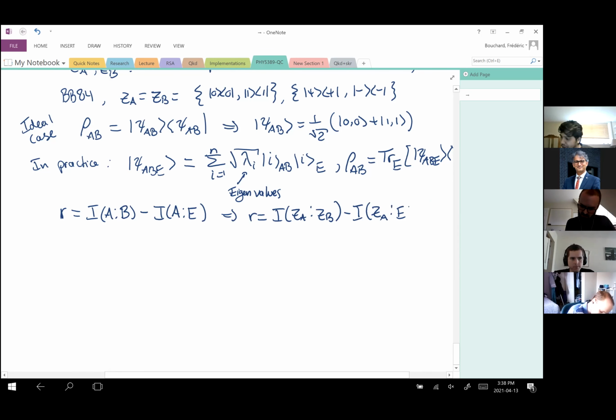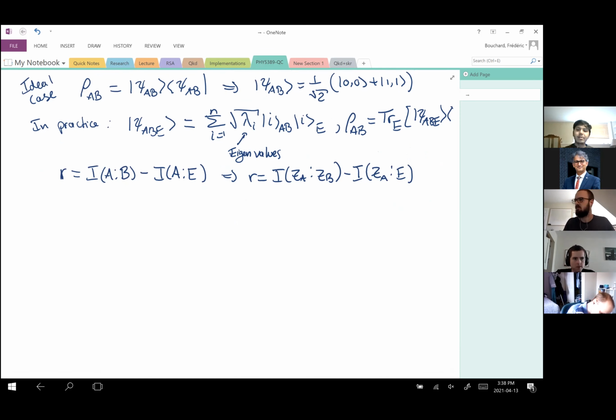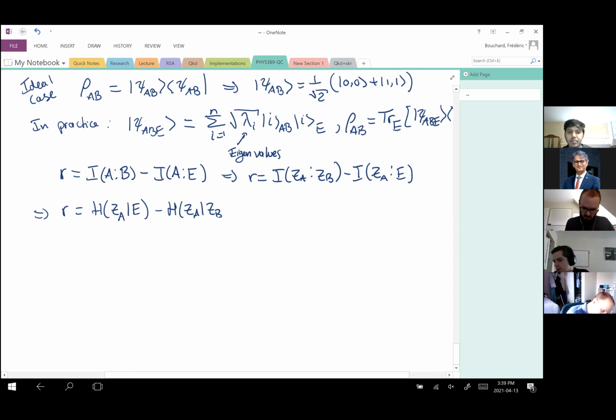We'll just leave Eve as is, because we don't want to specify any measurement for Eve. We're going to give all the information to Eve. This can be rewritten using the formulas I gave earlier, in terms of conditional entropies, and this is known as the Devetak-Winter formula.